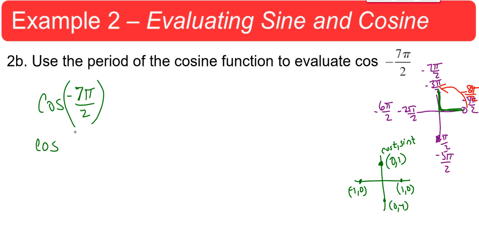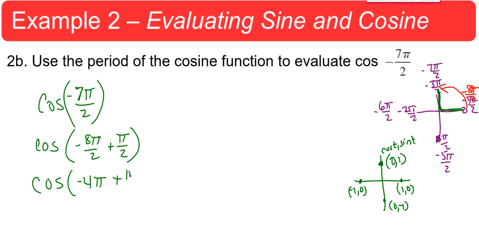So that is actually like having negative 8 pi over 2 plus pi over 2, because that's the cosine then of negative 4 pi plus pi over 2. And 4 pi is just 2 revolutions. Doesn't matter that they're negative. So that's going to be equal to the cosine of pi over 2. And then the cosine of pi over 2 is equal to 0.